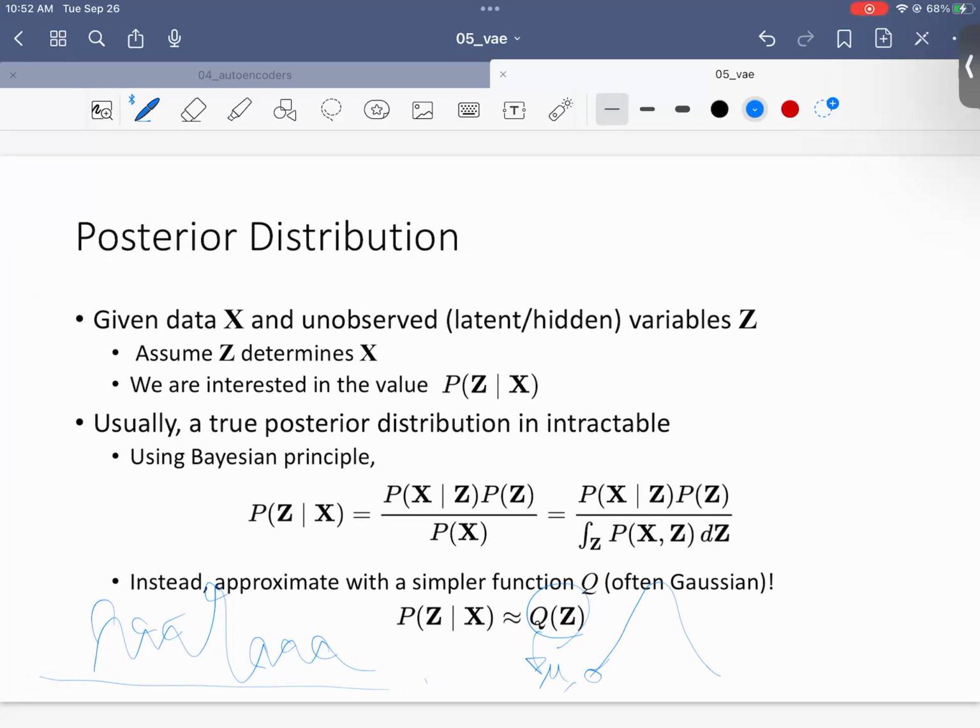So all we can do is tune, or adjust, the values for mu and sigma so as to approximate P(Z) given X as closely as possible.